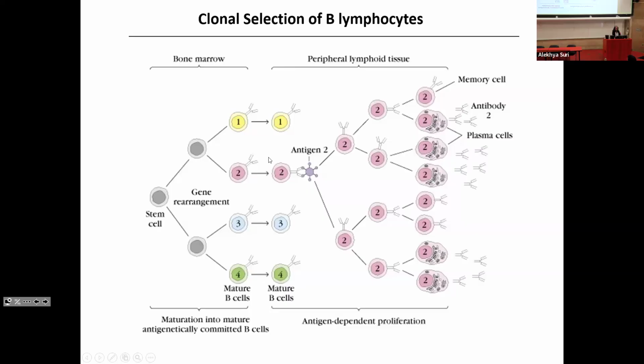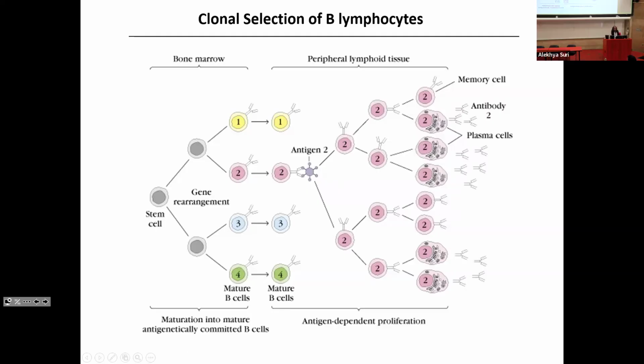So now say this host is infected by an antigen. This antigen is recognized by this particular receptor antibody on the B cell. Once this recognition occurs, this B cell now gets activated and it'll divide, and these cells will further divide, and this is clonal expansion.